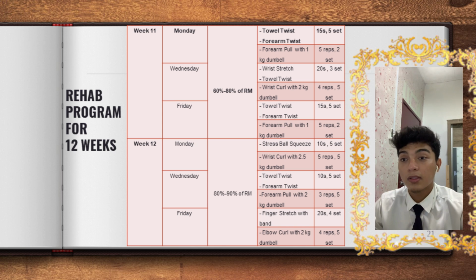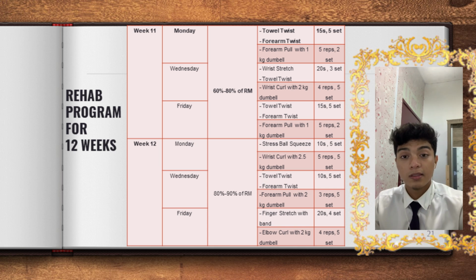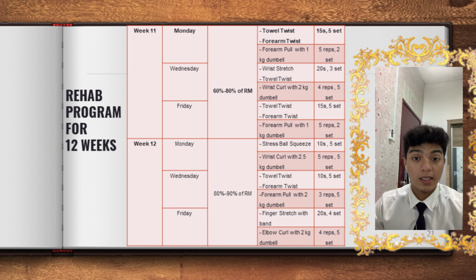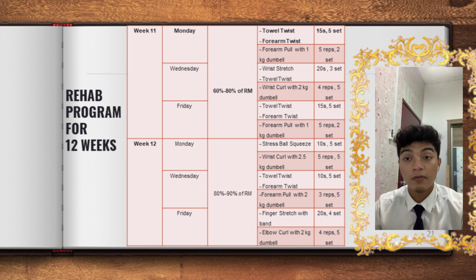Okay, so the rehabilitation program that I have planned refers to the progression from beginning to end. You can see in the table, for the first 4 weeks we have put a low intensity.